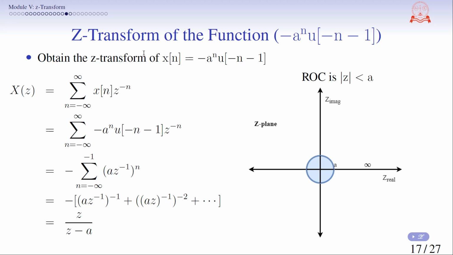So the ROC mod z will be less than a. It also includes the zero value, but it does not include infinity, since it is lying inside the circle having a radius of a, since it's an anticausal sequence.